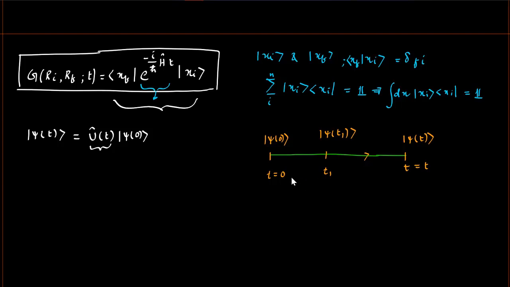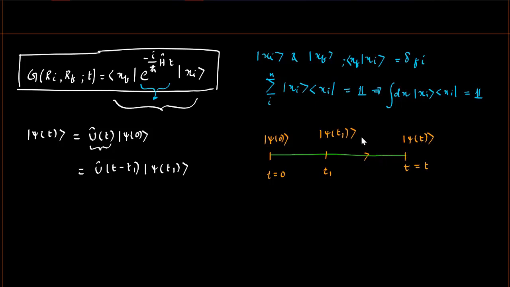Then I can write this vector as what? U of t minus t1 into psi of t1, right? Because anyhow we want this state: initially we are in this state, as time goes on we get this state, after that this state, right?